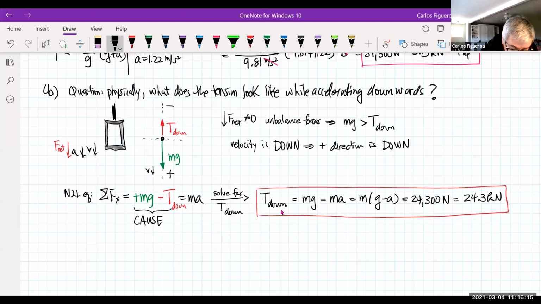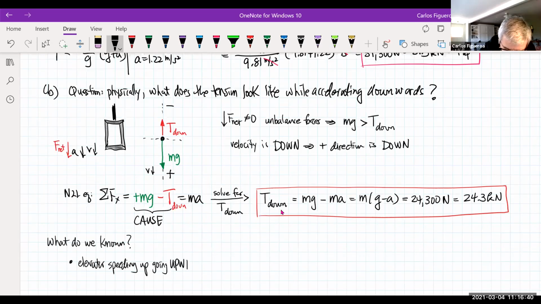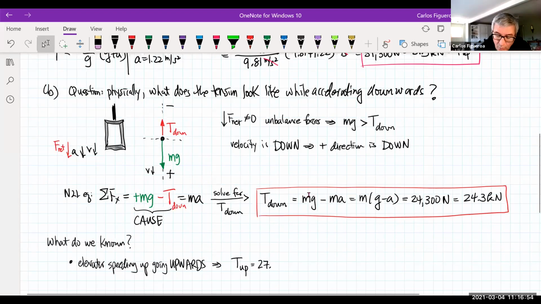Well, the first thing that we did here is that we looked at an elevator speeding up, going upwards, and that implies that the tension up, we saw that value was what? I think it was 27, no, 31.